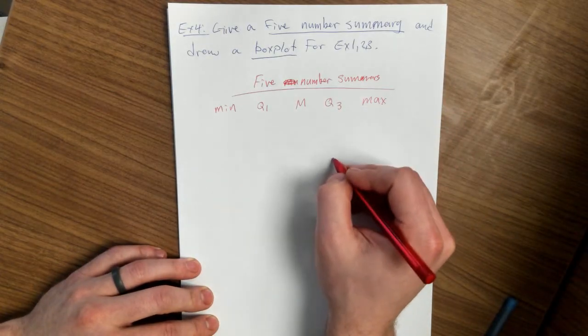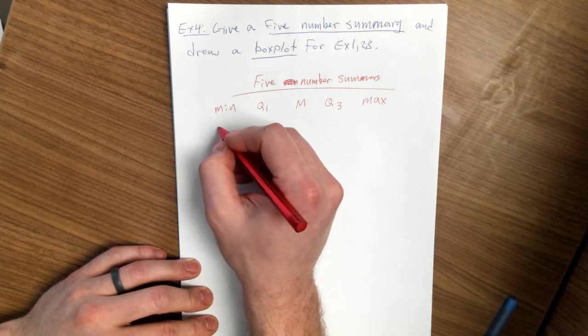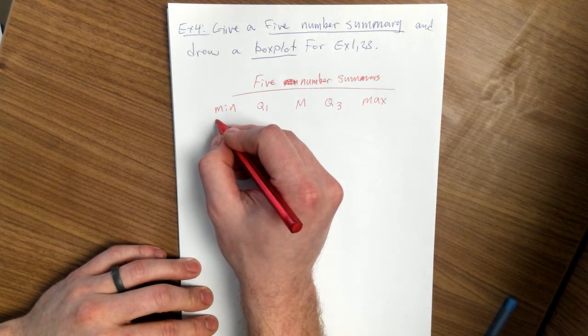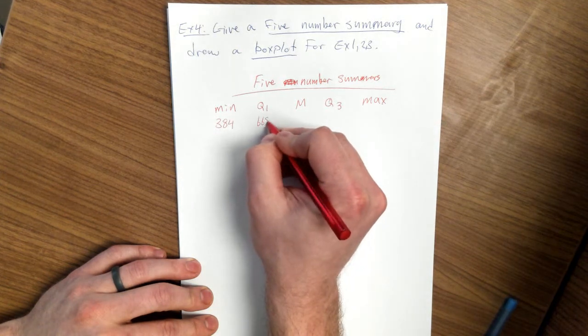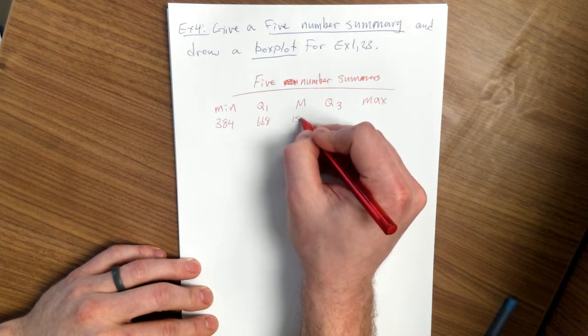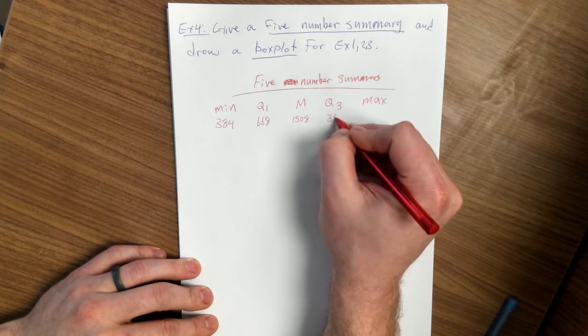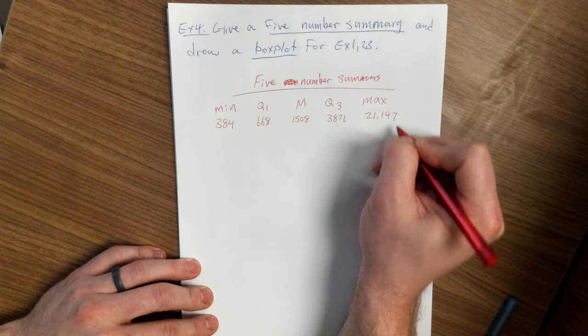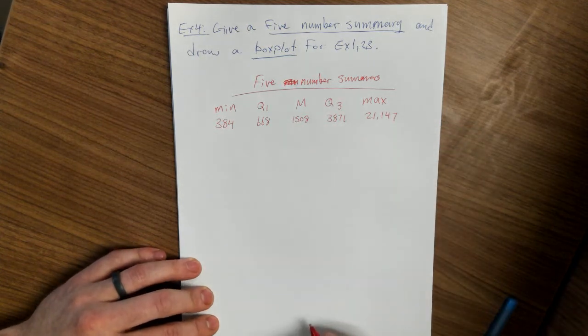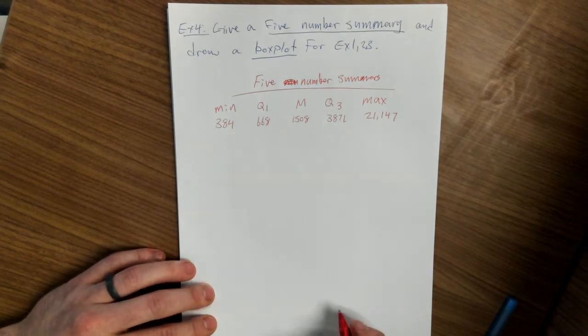So this is the 5 number summary. This is all the data that we've been writing this whole time. The min is 384, Q1 is 668, 1508, 3871, and 21147. So that's the 5 number summary. That's all you need to do there.